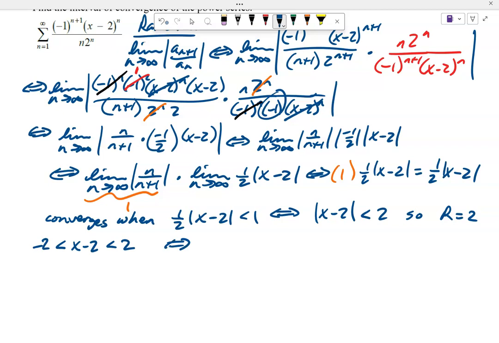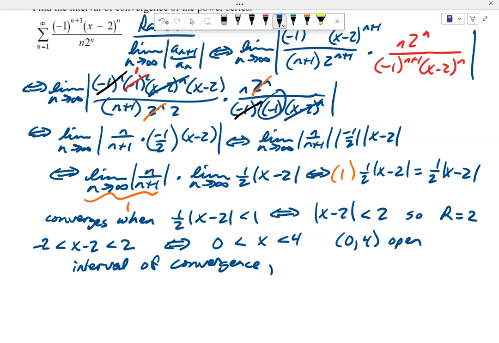The open interval of convergence has to be from 0 to 4. I need to check endpoints.